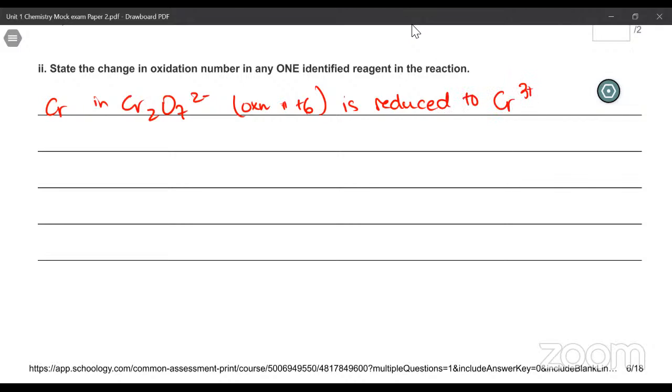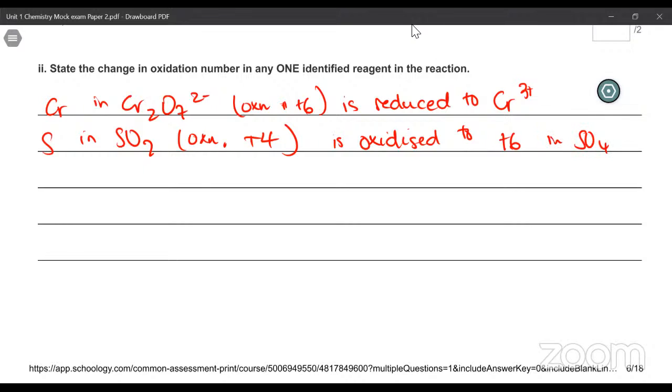And you have sulfur in the SO2 molecule that had an oxidation state, if you work it out, of +4, and it is oxidized to +6 in the SO4 2-.